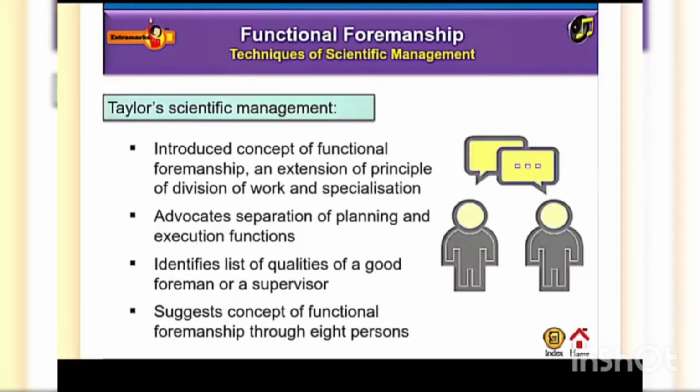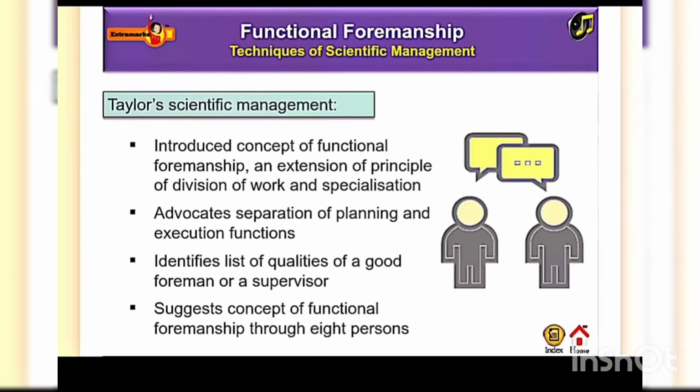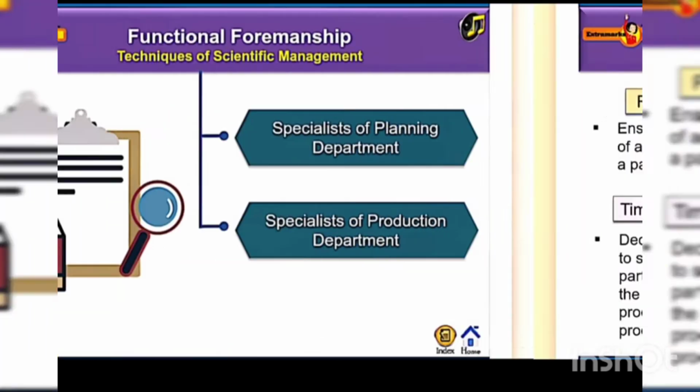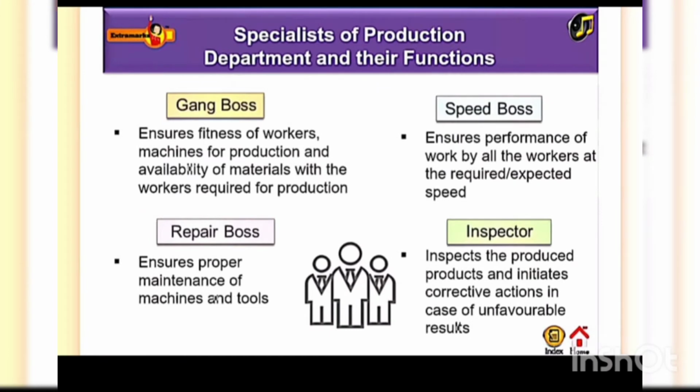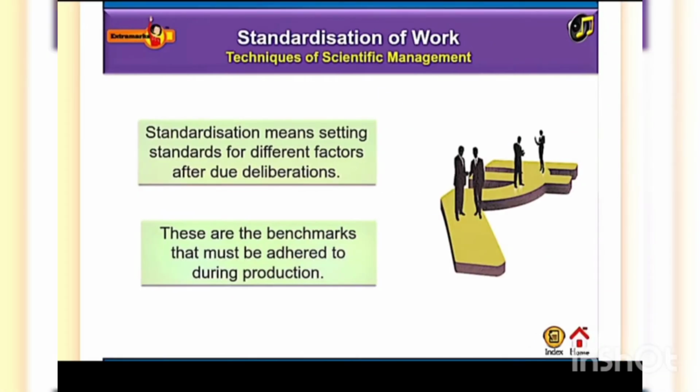Moving on to the next one, after functional foremanship, we have standardization and simplification. Simplification aims at eliminating superfluous varieties, sizes and dimensions, while standardization implies devising new varieties instead of the existing ones.